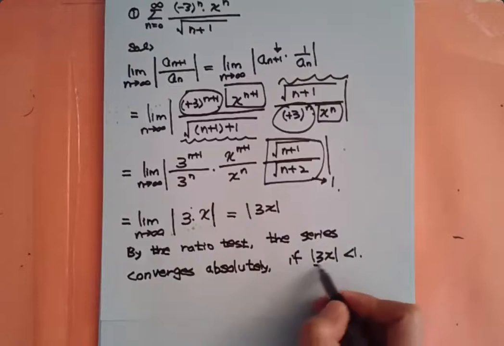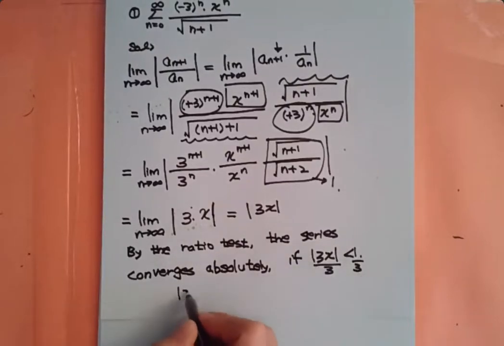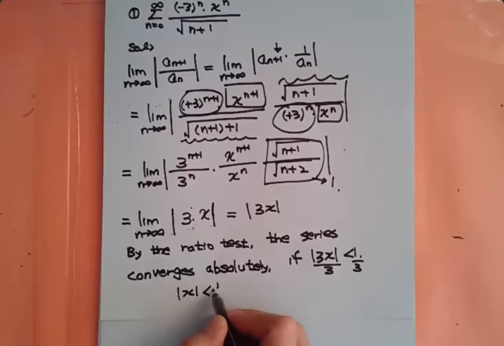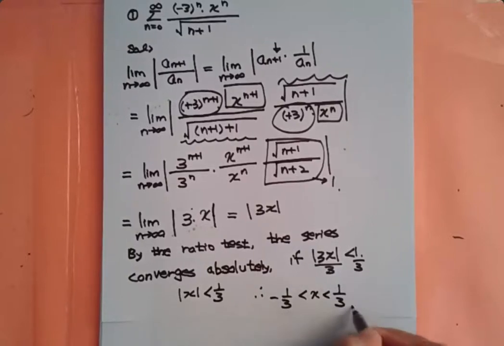So we divide by 3 on both sides, and then we get the absolute value of x is less than 1 over 3. So therefore, we can think about the interval from negative 1 over 3 to 1 over 3.